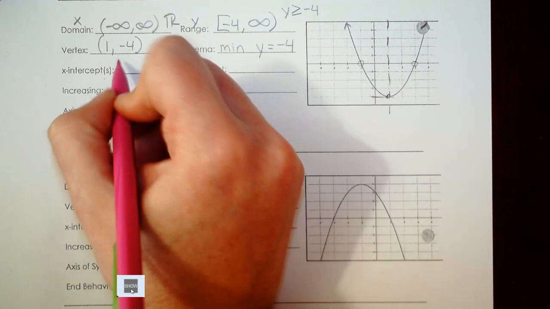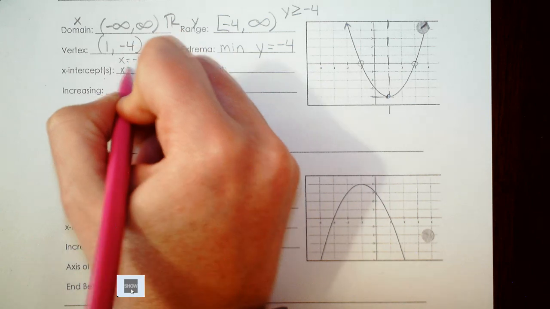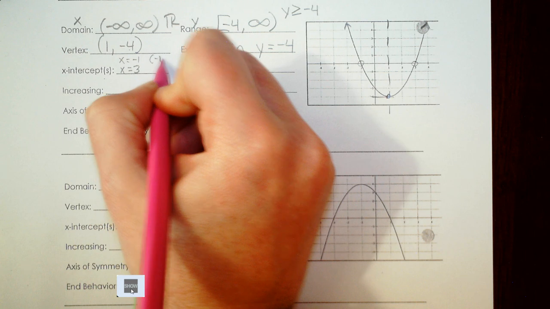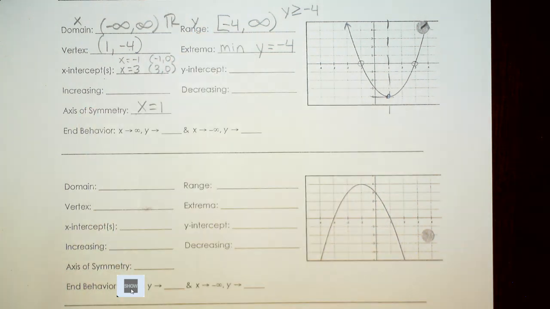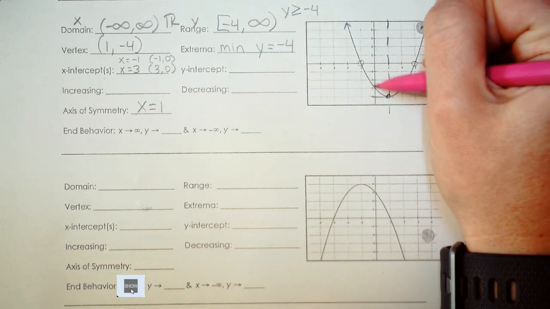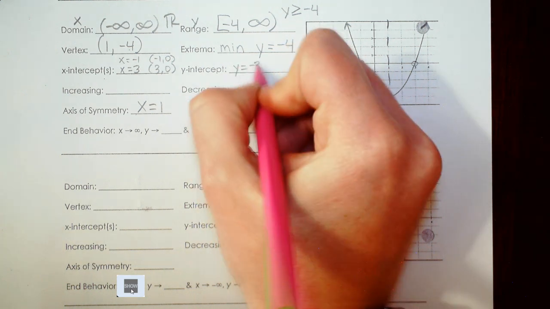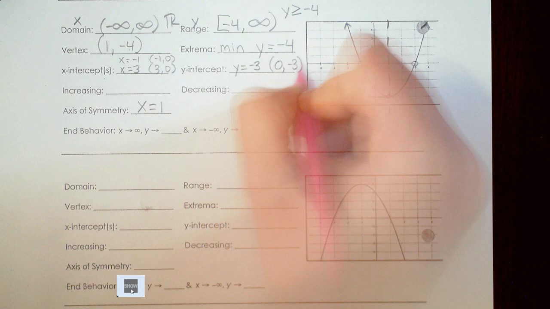So the two different ways you can write it, x equals -1, x equals 3, or (-1, 0), (3, 0). Y-intercept, where does it cross y? Right here. And that's y equals -3 or (0, -3).